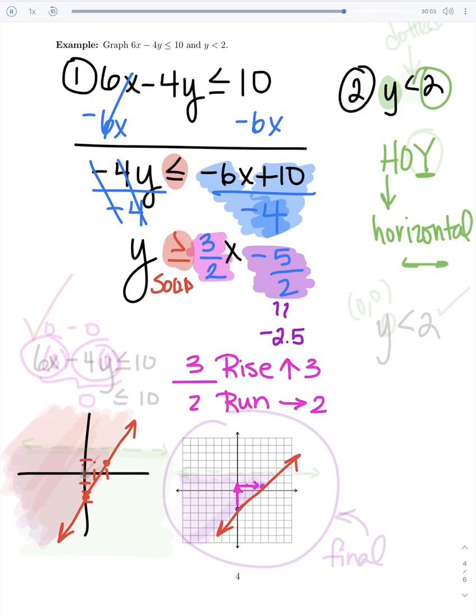It's going to be at the number 2, and we'll only hit the y-axis. So up here at 2 on the y-axis, I'm going to have a horizontal line. Be careful. It's less than, not less than or equal to, so it's going to be a dotted horizontal line at 2. So on both graphs, I'm going to do a dotted horizontal line at 2.